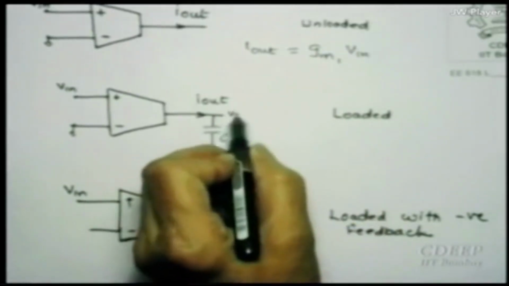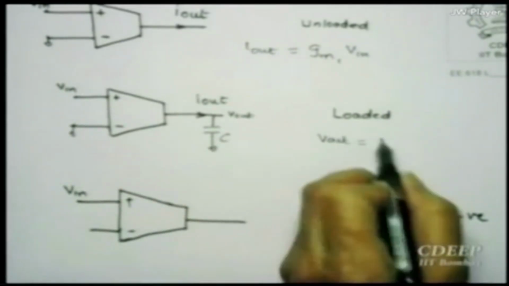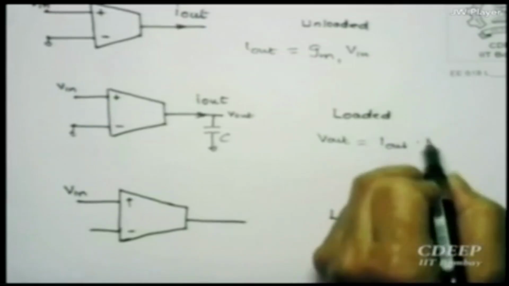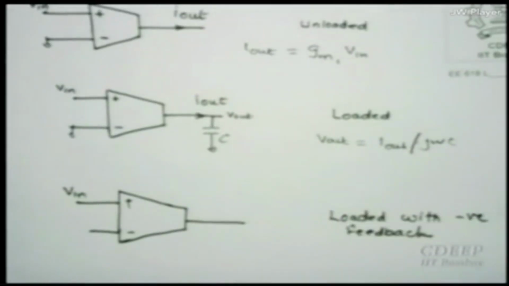In real life what I am going to do is this. So now what will happen, the output voltage here is I out into 1 upon j omega c, since impedance is 1 upon j omega c.